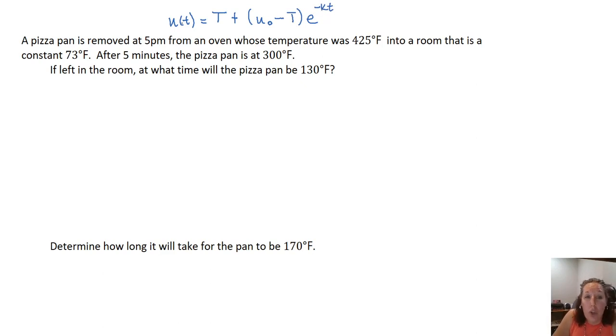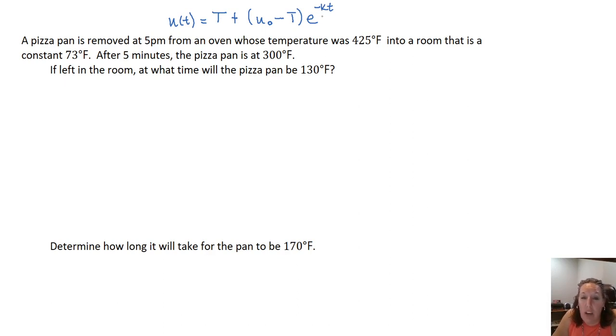So here our u is going to be the temperature of the pizza pan. Our big T is the temperature of the room. U sub 0 is the original temperature, so when it came out of the oven, it was 425 degrees.